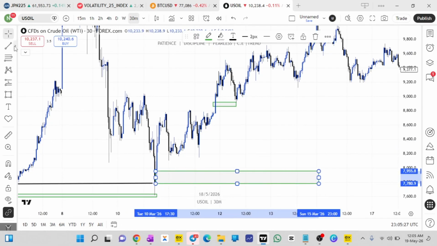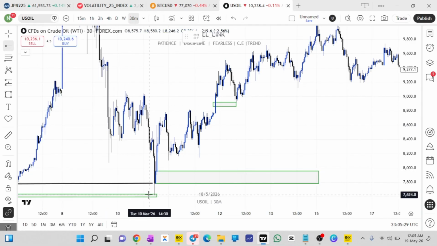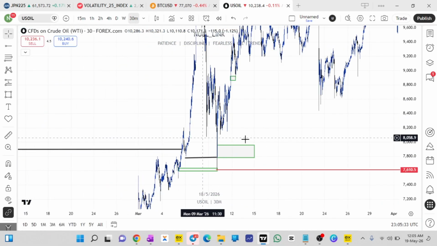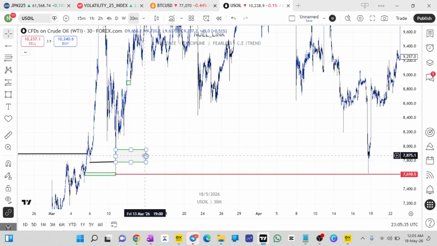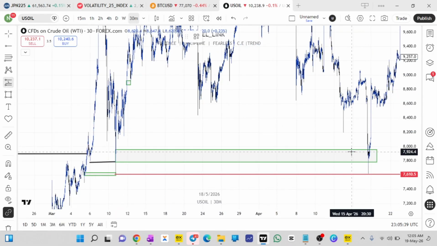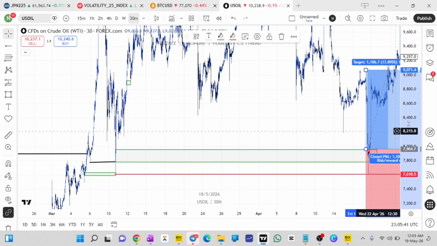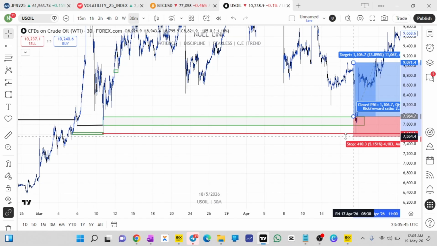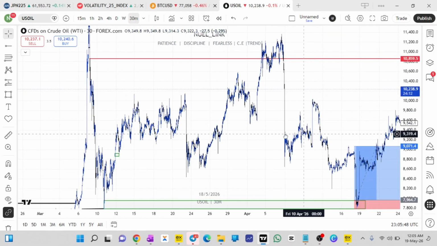I sell here. This is how I wait for the trade. Aggressive entry, and as you can see, that is what I have here. SL below here.